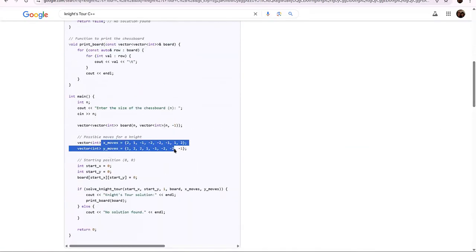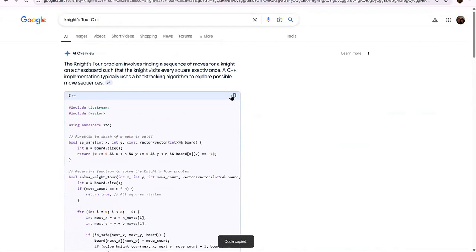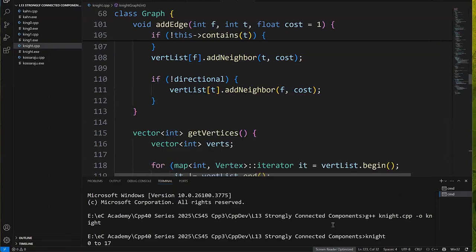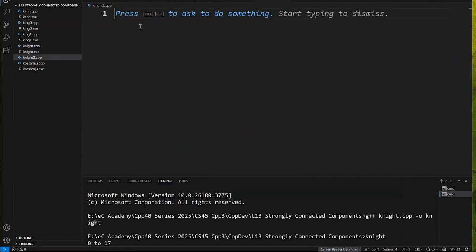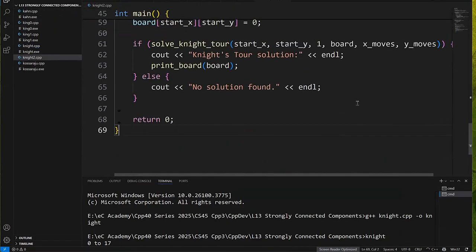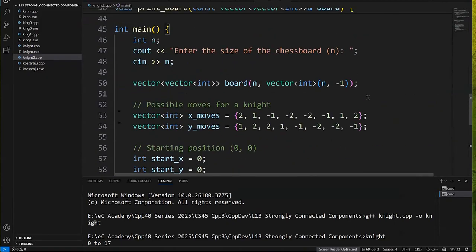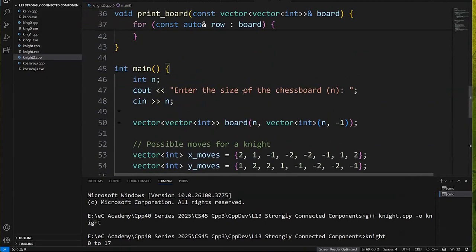It also uses the X move, Y move. I like this version, okay? So let's copy this one to put it into the nice number 2, okay? So nice number 2, you enter the size of chessboard. Let's assume this is 8 by 8, okay?